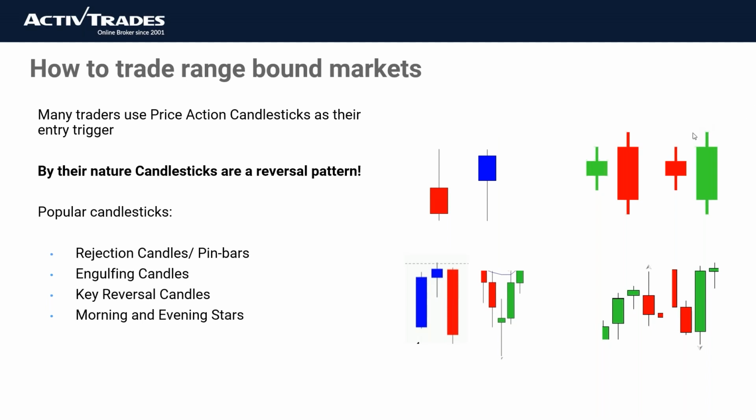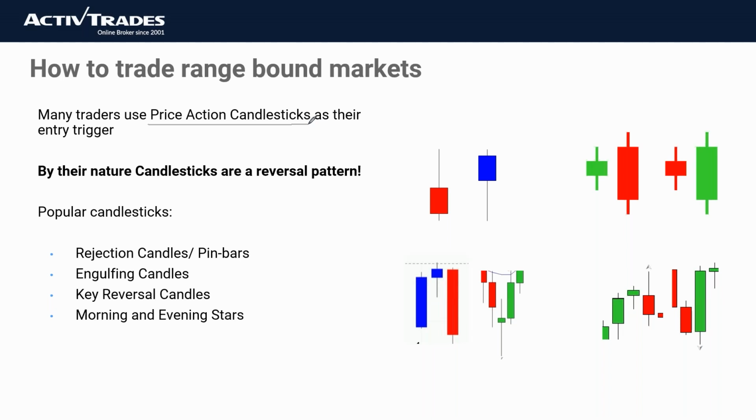And if it's not printing, let's say, a huge reversal pattern, what it may do is provide us just a simple trigger using a price action candlestick that might be a single candlestick, a double candlestick, triple candlestick, maybe even a little bit more of a combination. But these are very simple price action candlestick triggers that we can utilize as a trigger into the market.